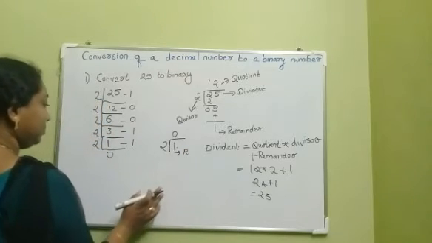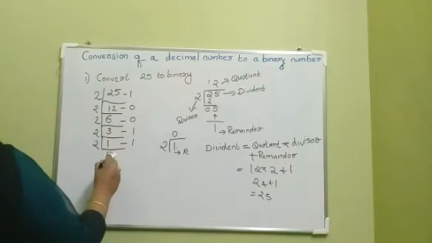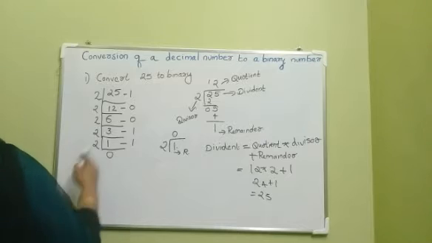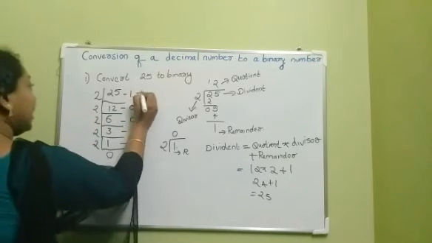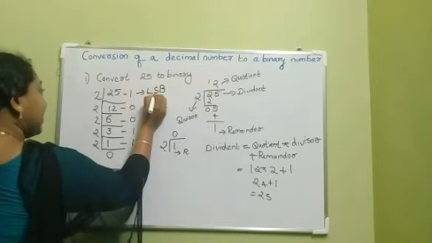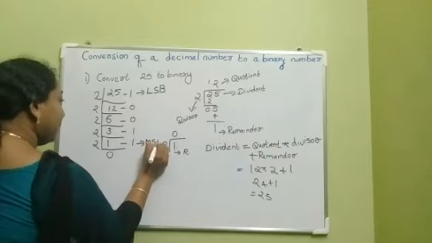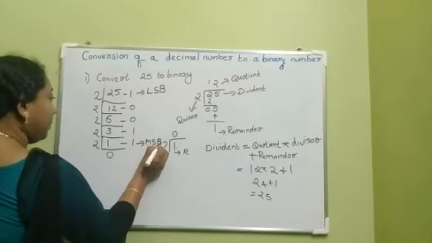Continue the division by the divisor till you get 0 as the quotient. This one denotes the LSB, least significant bit, and this one denotes the MSB, most significant bit.